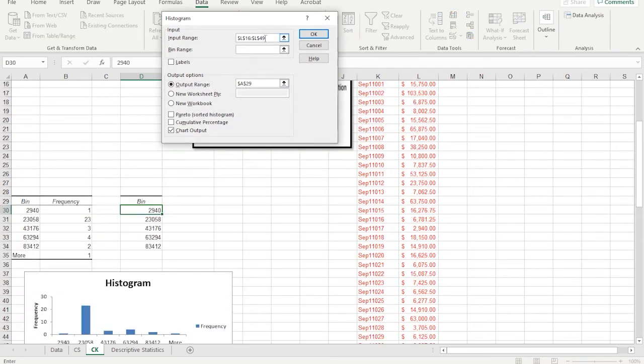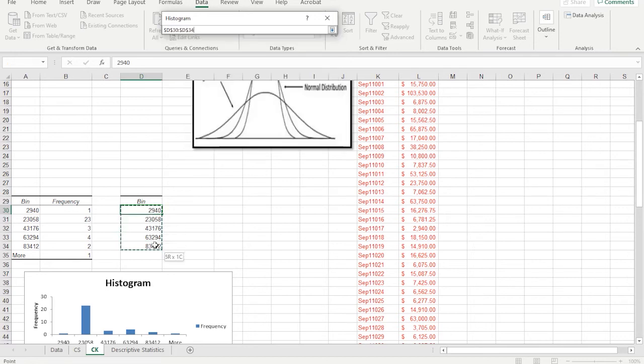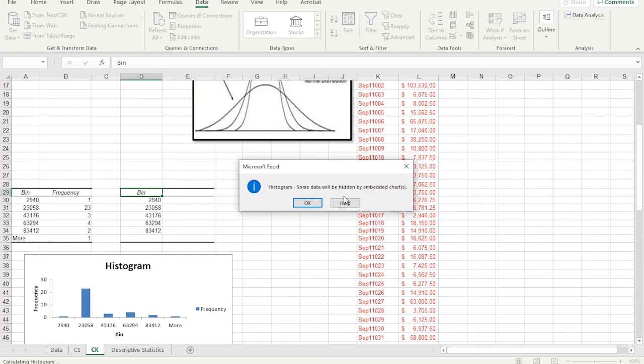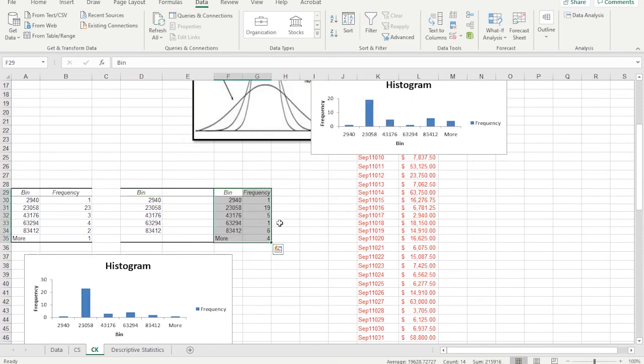Then for the data information, I'm going to select the October data. And for the range, I'm going to select these right here. Put that information right here. Let's see how it looks like. Some data will be hidden. All right, that's fine. And so, yeah, all right, I got what I wanted.